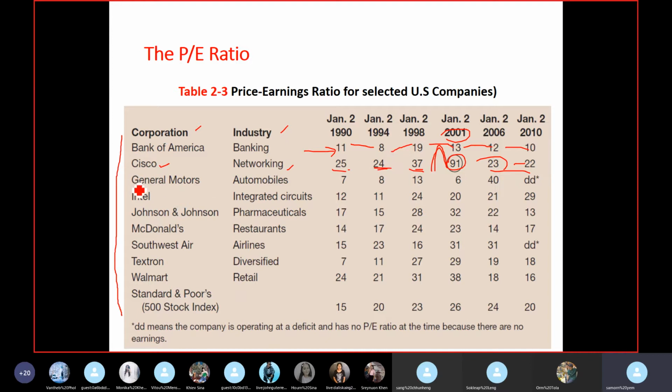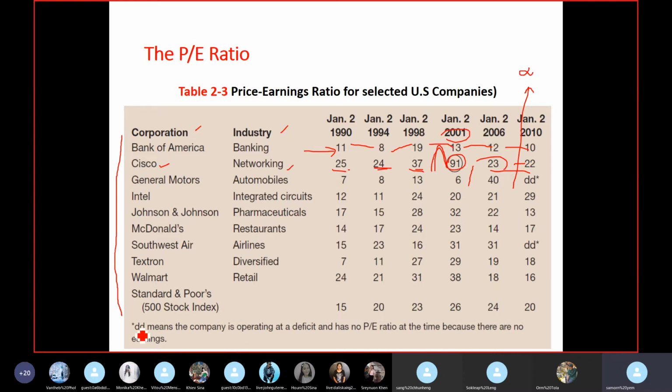And you see company number 3, General Motors, in the automobile industry. Starting from a PE ratio of 7, 8, and then 13, 6, this part looks like a big increase. Then 40, and then an even bigger increase to DD. DD looks like an infinite amount.